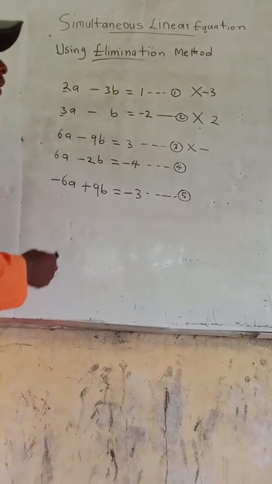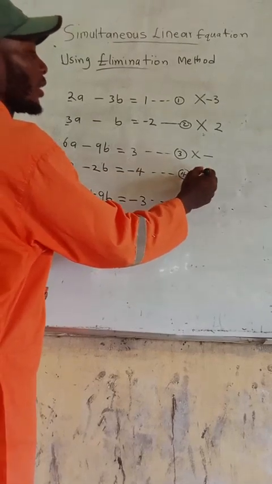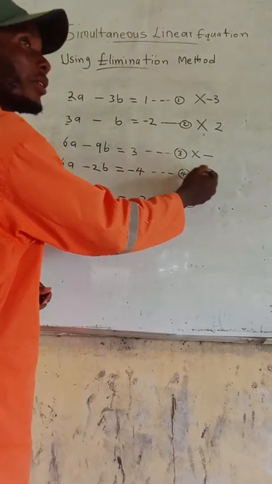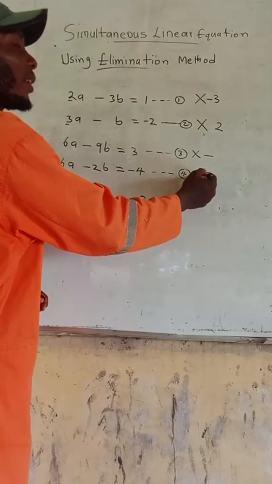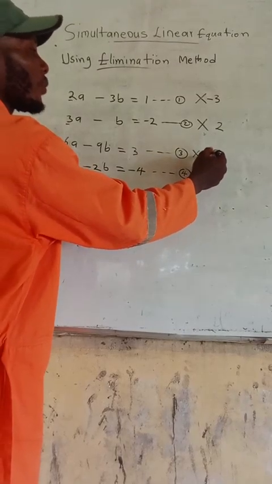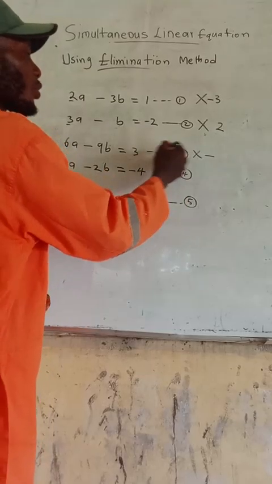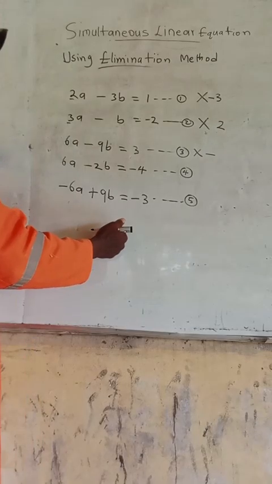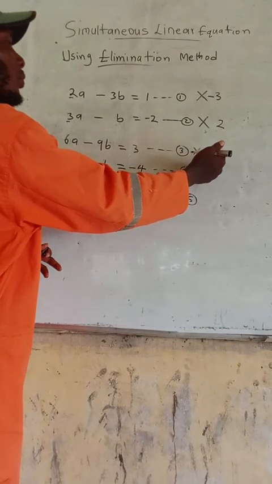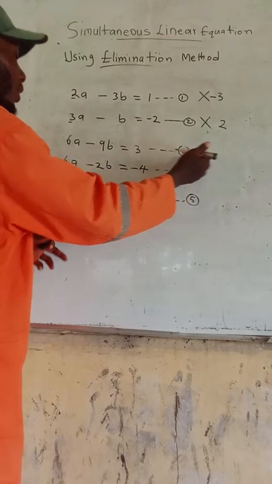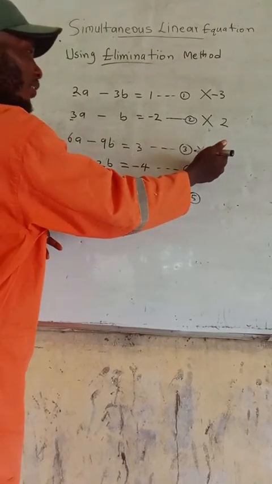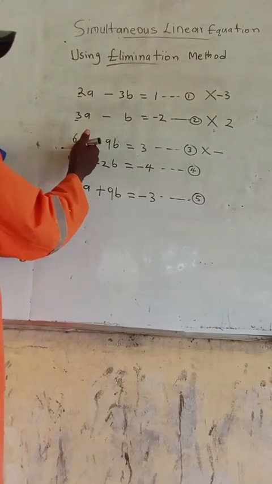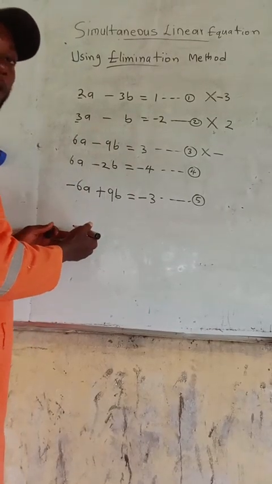Now, on the other equation, there's no need to multiply with any sign. If you have multiplied this other equation with minus, this one just bring it down. The negative sign you used to multiply this equation is going to give the different signs.